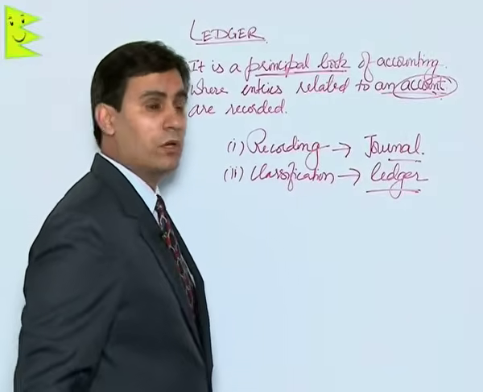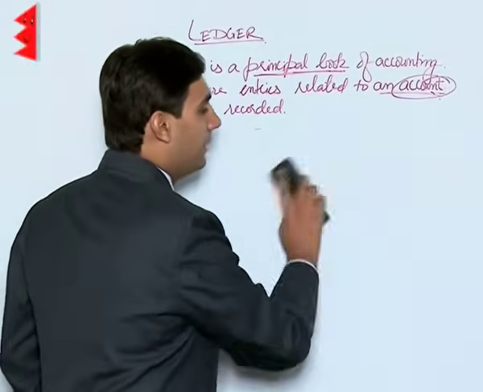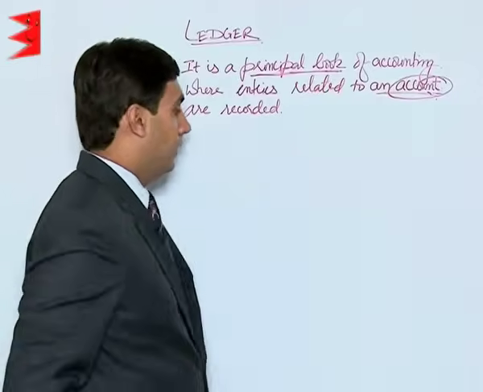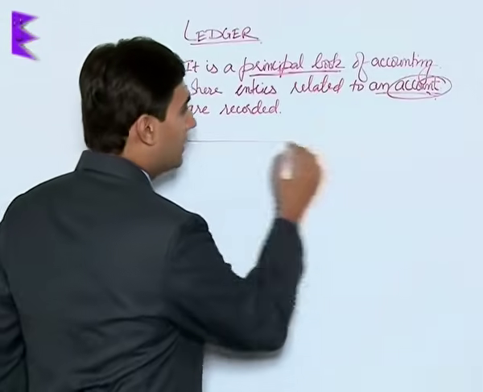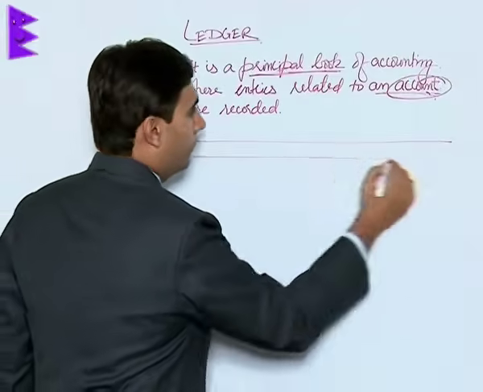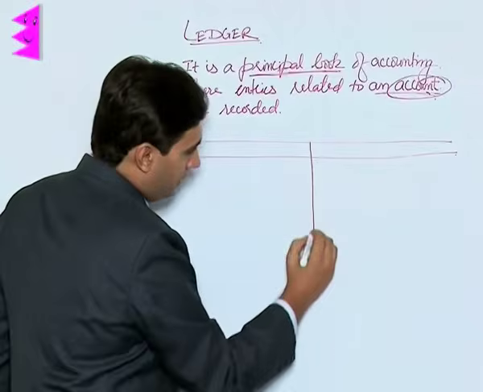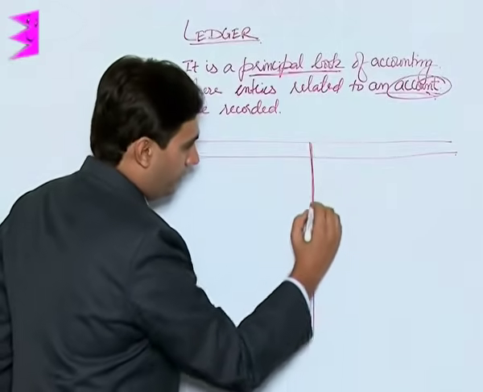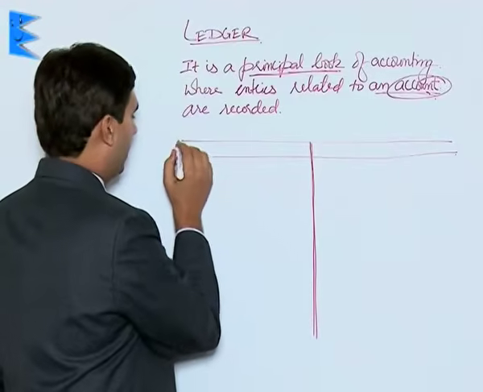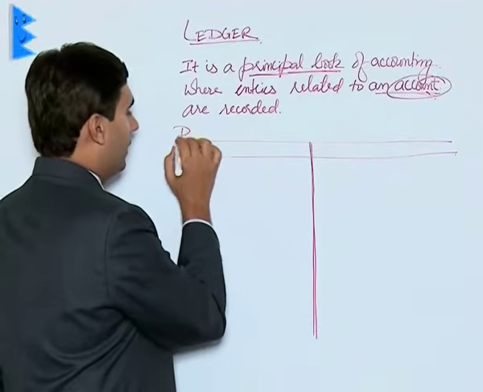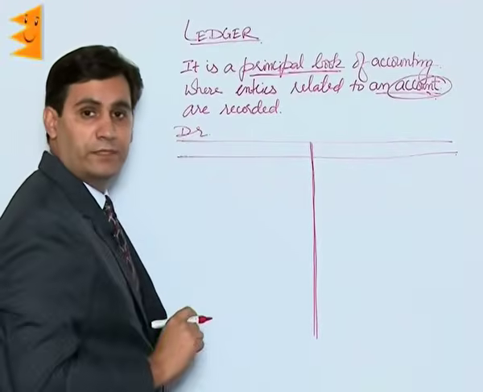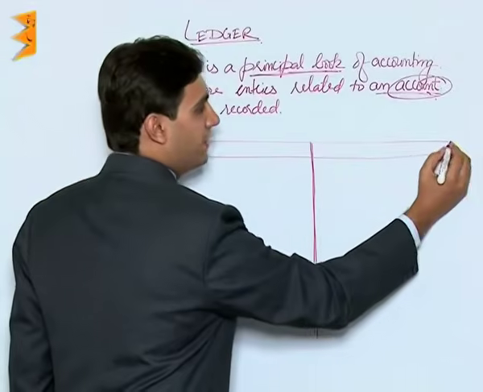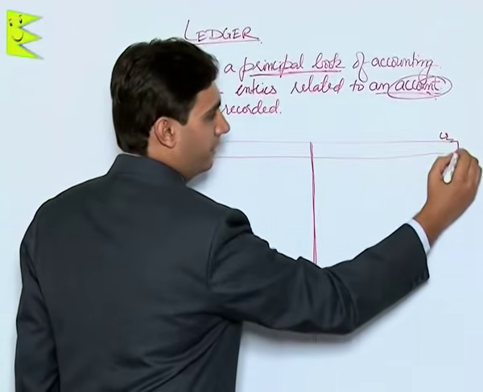Let us have a look at the format of ledger. The ledger is divided from the center into two parts. The left side is the debit side and the right side is the credit side.